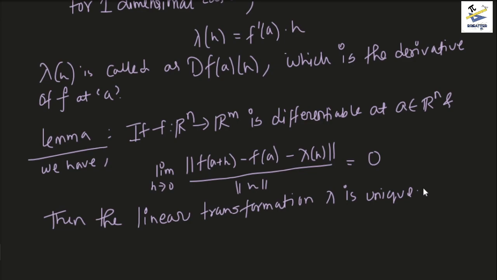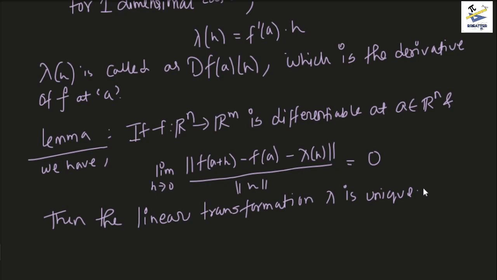Since we have proved things like this in the past, to prove something is unique, you assume on the contrary that it is not unique, and you assume two of them, two different things which have the same property.